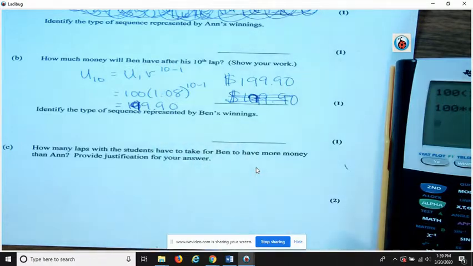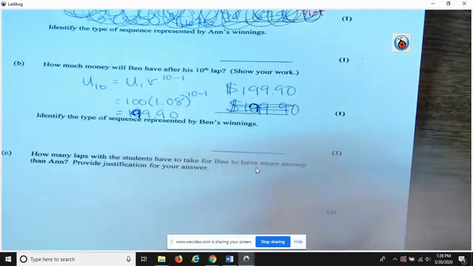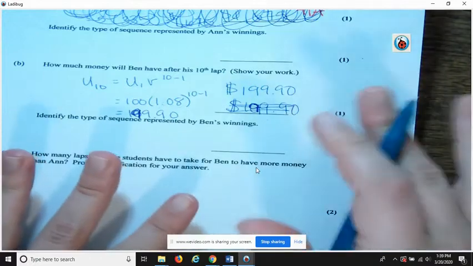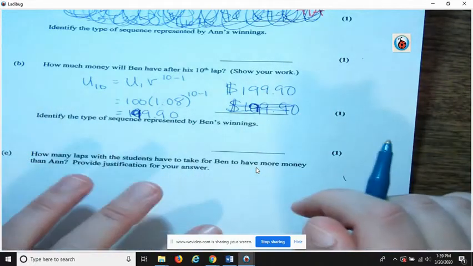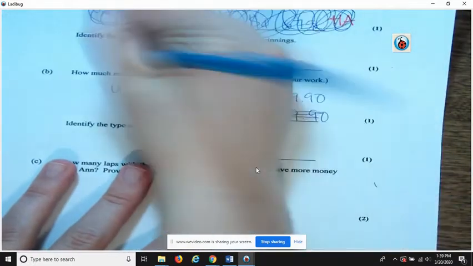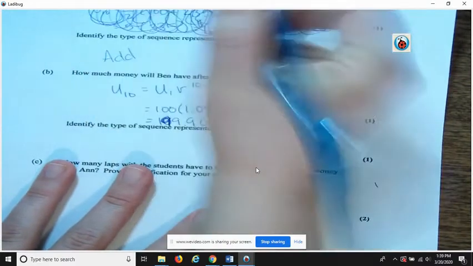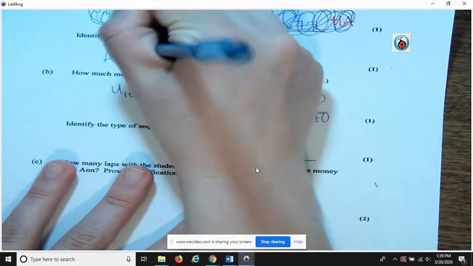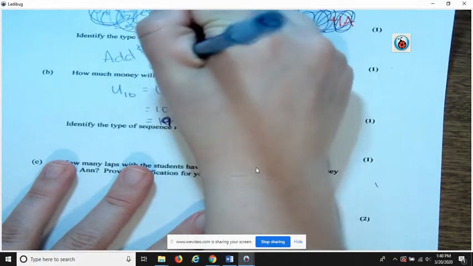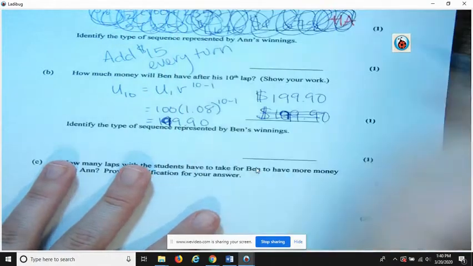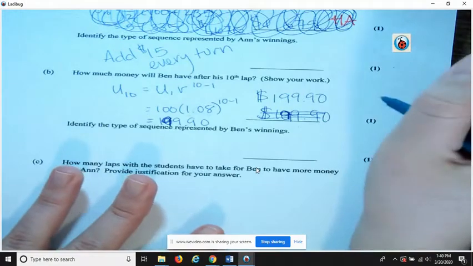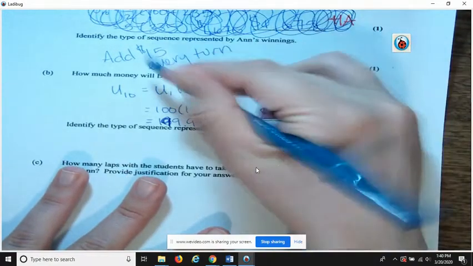Now it says identify the type of sequence. There was a question about why Anne was arithmetic and why Ben was geometric. Anne just adds or gets $15 every turn. The amount of money that she increases by is the same every single turn. We are adding the same number.